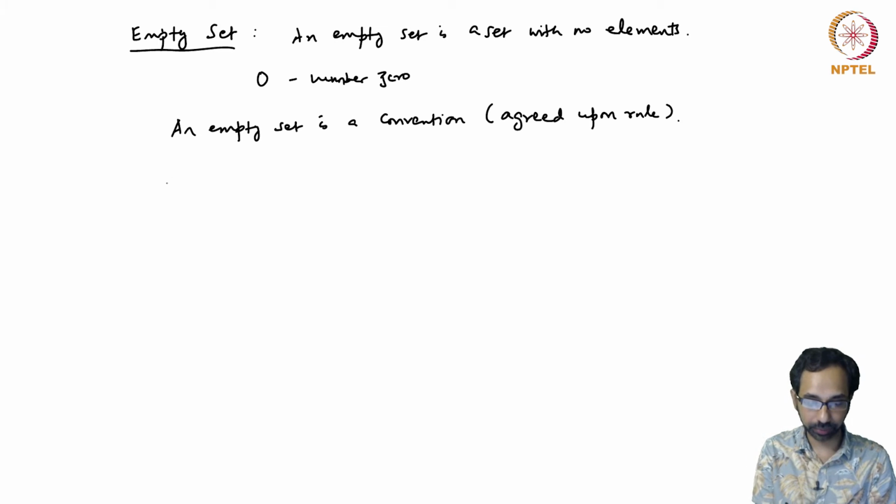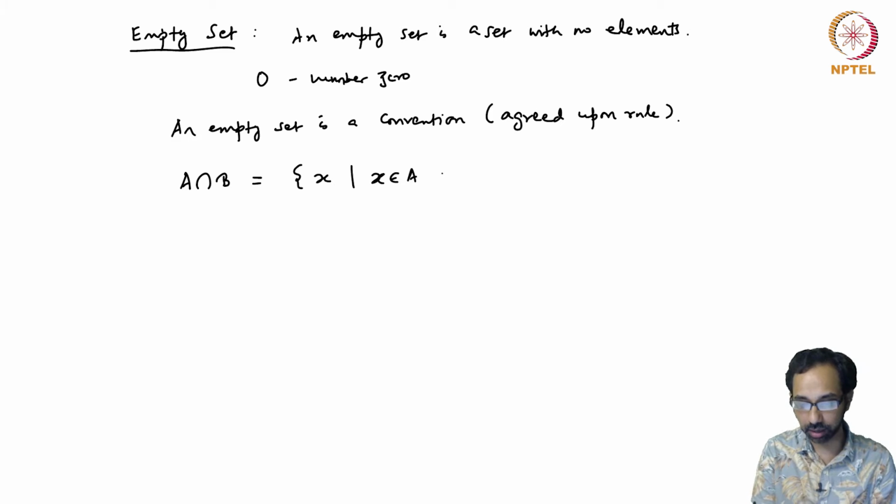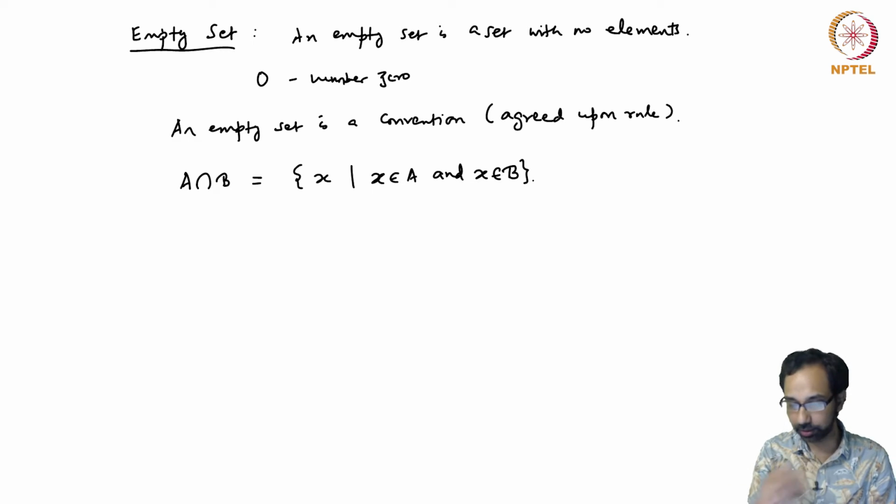For example, we saw that in the definition of the intersection of two sets A and B, we wrote X such that X belongs to A and X belongs to B. But we know that there can be sets for which these statements may not hold at all, right?